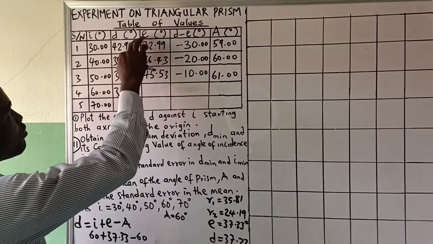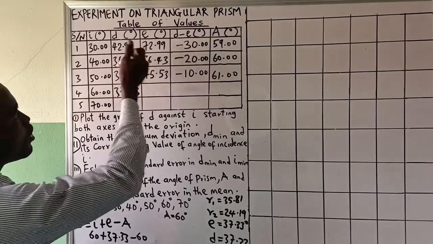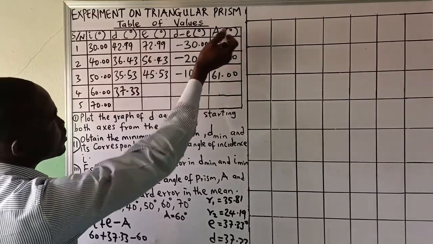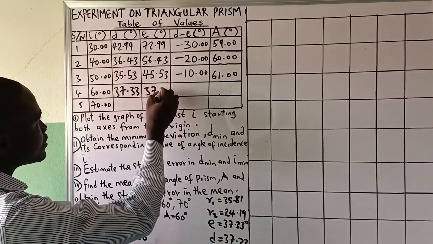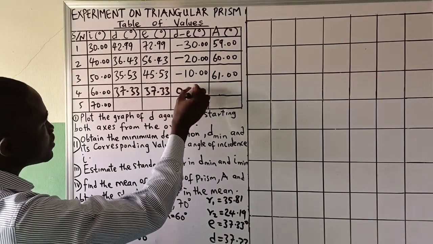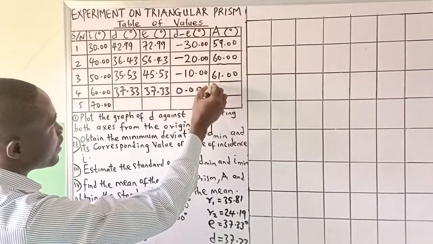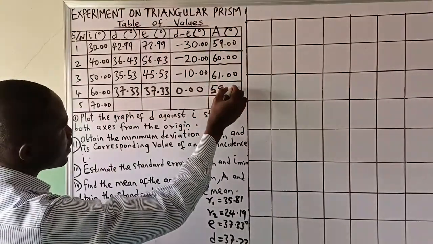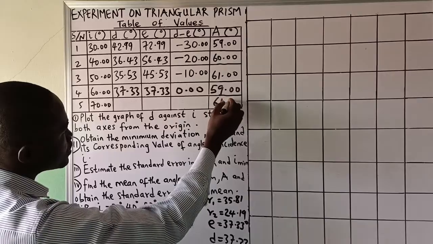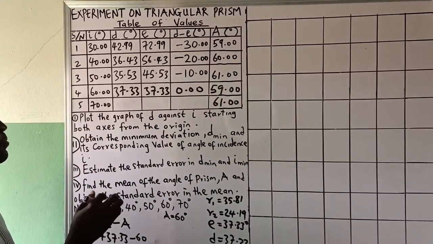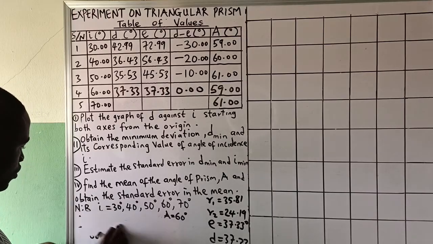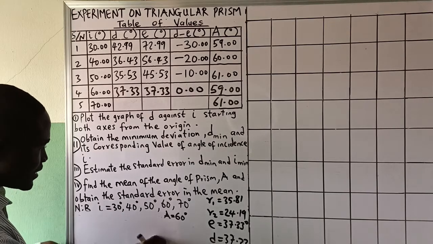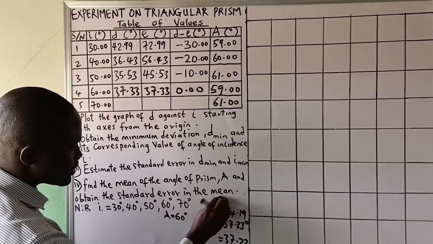You don't need to be putting degrees on top because you have put degrees already. Then you now have this 37.33, 0.00, and you have here 59.00 and 61.00.